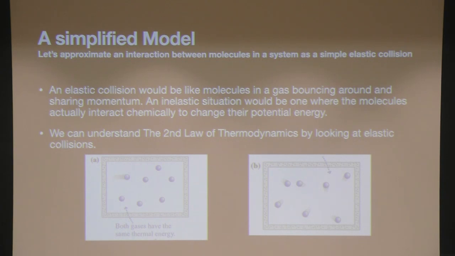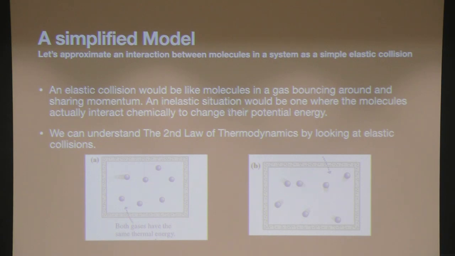So we're going to approximate an interaction between molecules in a system as a simple elastic collision, just like we did for gases in a container. They're colliding elastically and sharing momentum. So an elastic collision would be like the molecules in the gas bouncing around, sharing momentum, and they interact.